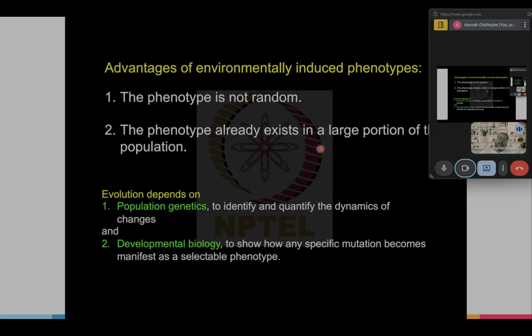And the phenotype already exists in a large portion of the population. It is just suppressed because of the other dominant phenotype. Whenever there is the environmental trigger, a major part of the population can adapt really fast in the span of a single generation. So you don't have to wait for multiple generations for any adaptation to occur.